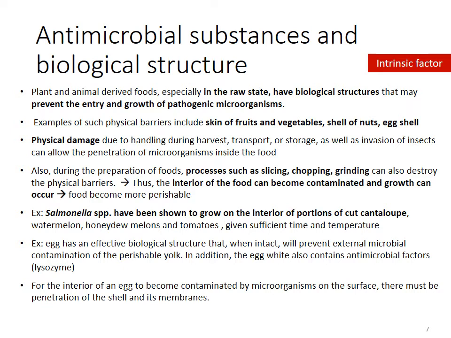Examples of physical barriers are the skin of fruits and vegetables, the shell of nuts, and the shell of eggs. When you damage this biological structure, for example, due to handling during harvest or transport and storage, the damage can allow insects and microorganisms to penetrate and contaminate the inside of the food.